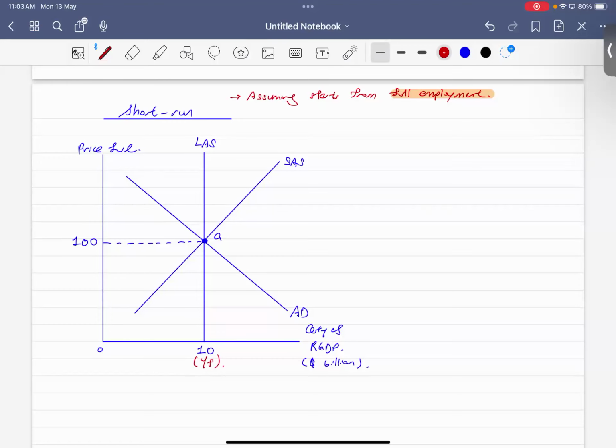Now let's say I want to talk about a shift in the aggregate demand curve. Let's say higher consumption, higher government spending, that results in the shift of the aggregate demand curve. So what happens is my aggregate demand curve will shift rightwards.